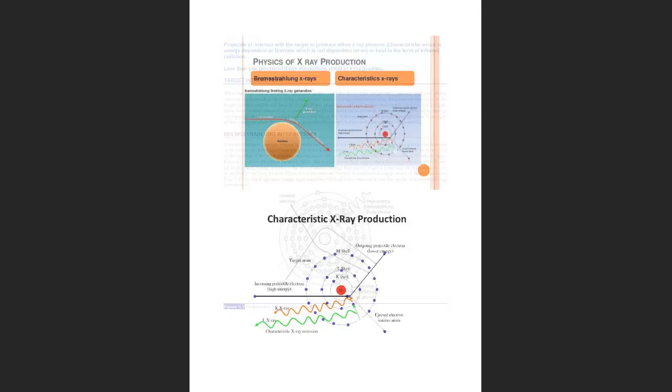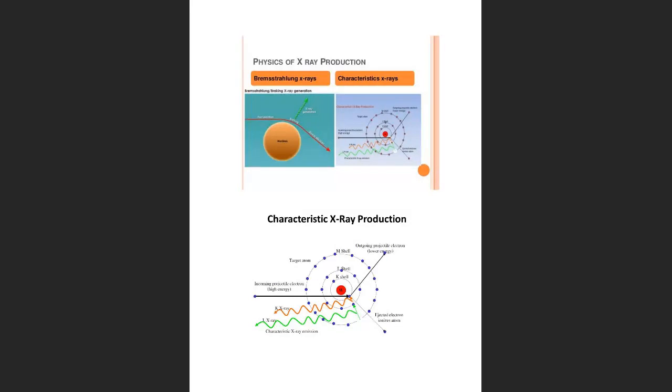And again, Brem's can be the only X-rays that are being produced, depending on whether we have enough energy to create characteristic. So here is just a comparison between the two. Just Brem's moving past the nucleus. Remember, it's all about nuclear attraction.